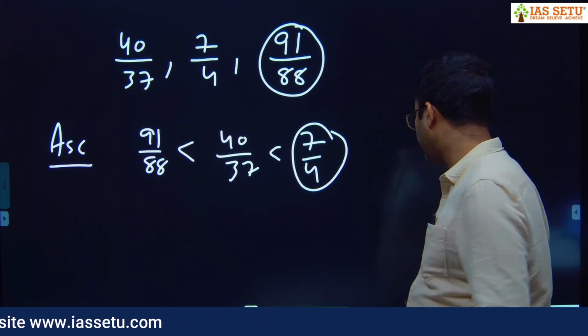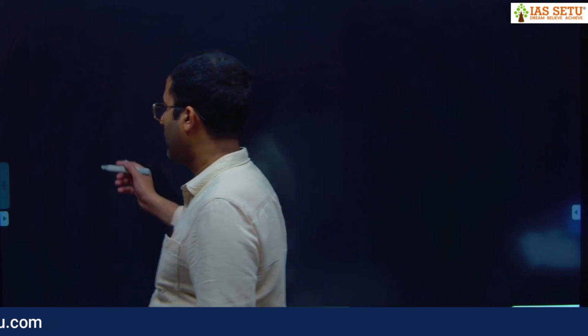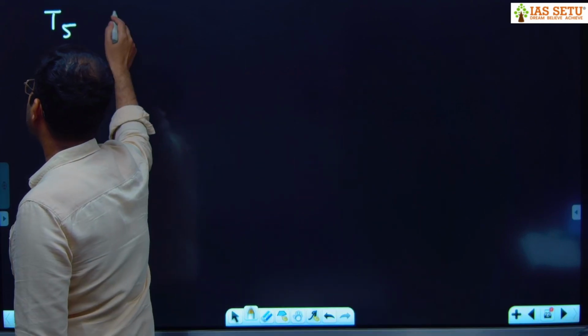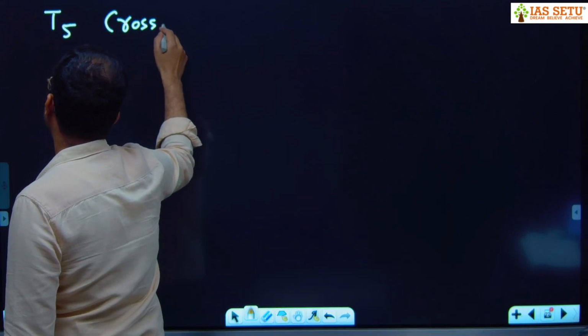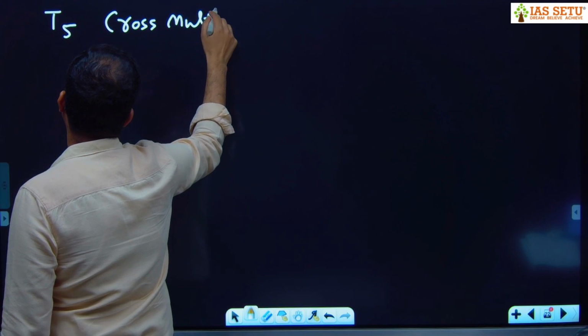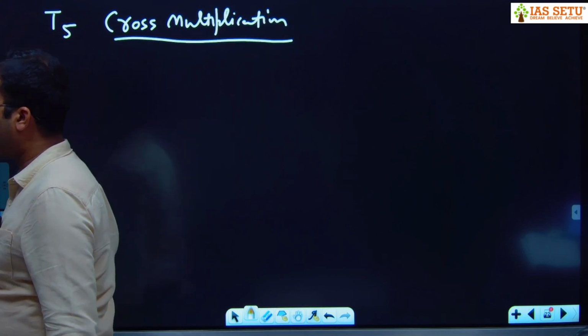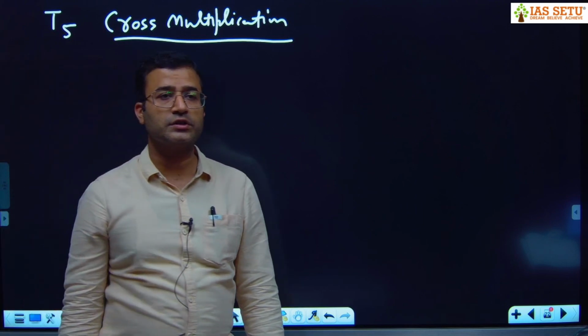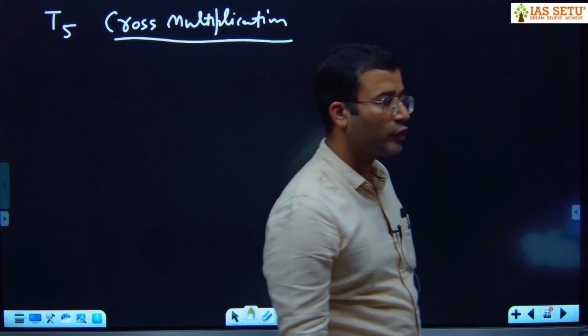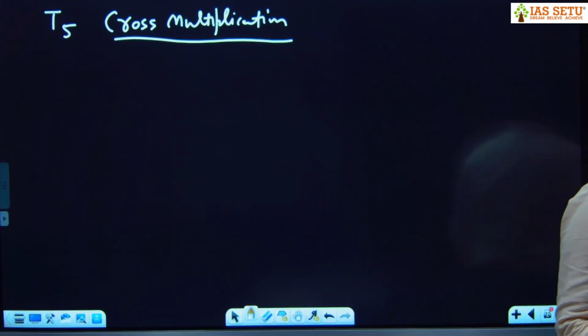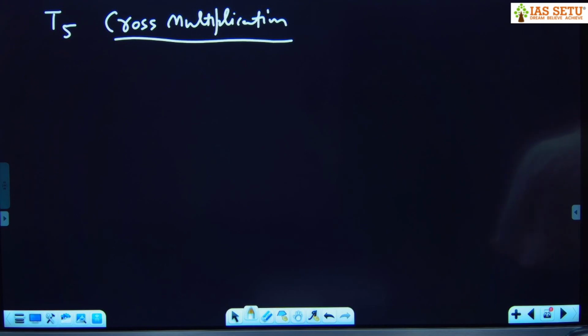Next is type 5. The name of this type 5 is cross multiplication. And here neither numerator is constant nor denominator is constant, even the difference between numerator and denominator is not constant.